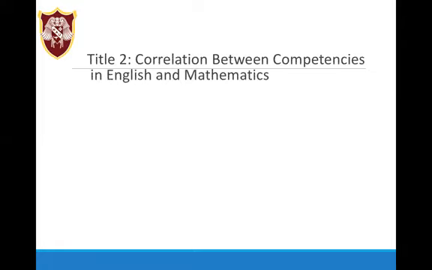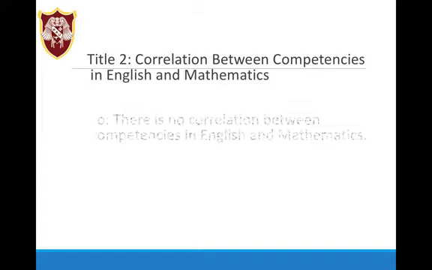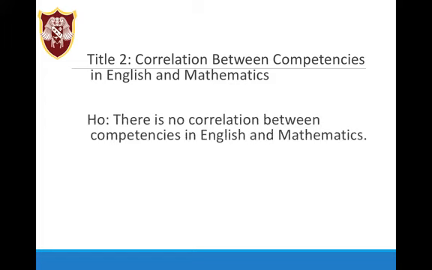Another example, the title is given as The Correlation Between Competencies in English and Mathematics. A possible null hypothesis could be stated that there is no correlation between competencies in English and mathematics.